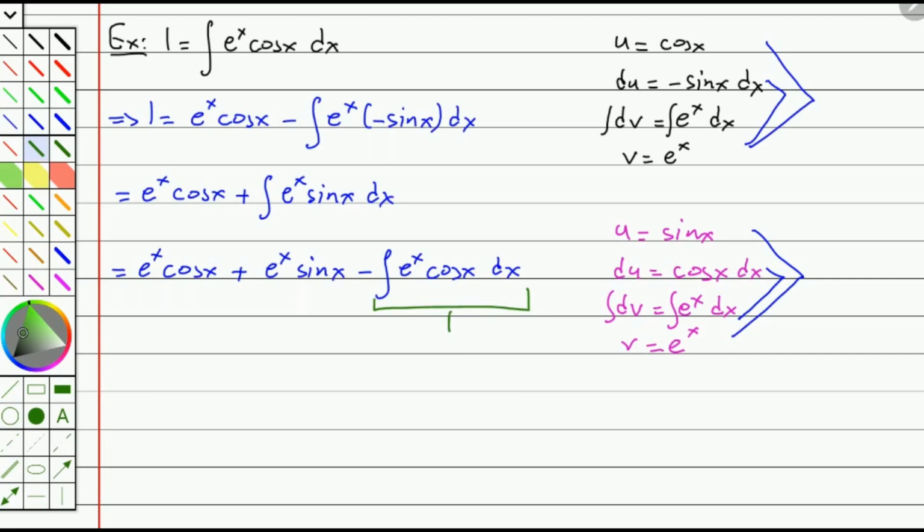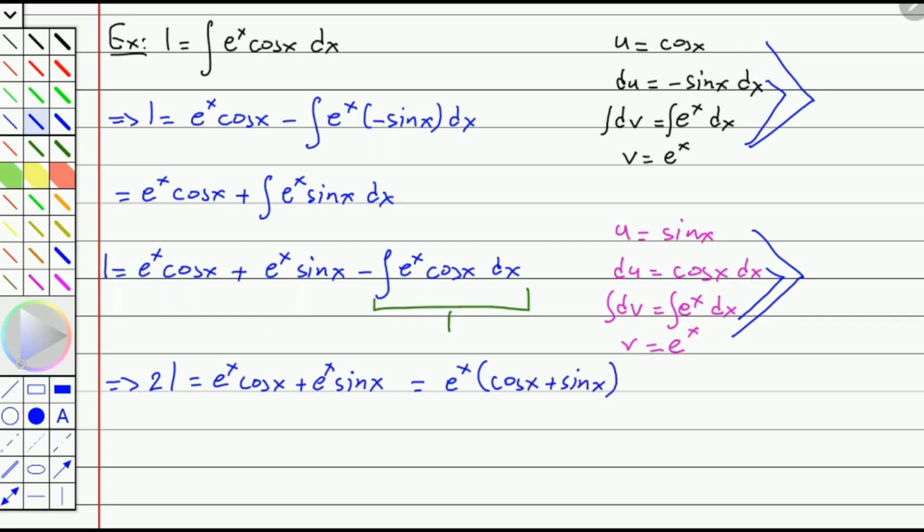I. So I is equal to these two terms minus itself. So we can bring this to the other side and have 2I equals e to the x cosine x plus e to the x sine x, which we can factor out that e to the x, equals e to the x times (cosine x plus sine x).